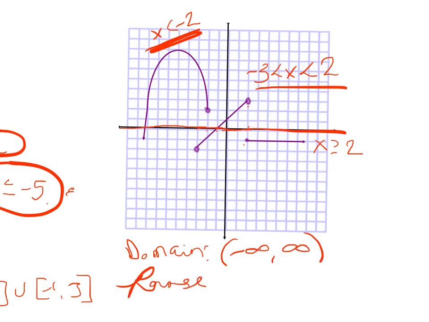Doing the same for my range. I see that this has a y value. It looks like a maximum value of 1, 2, 3, 4, 5, 6, 7, 8. So it looks like y has to be less than or equal to 8. Remember, the maximum value of a parabola is its vertex. This piece here looks like y values between negative 2 and 3.